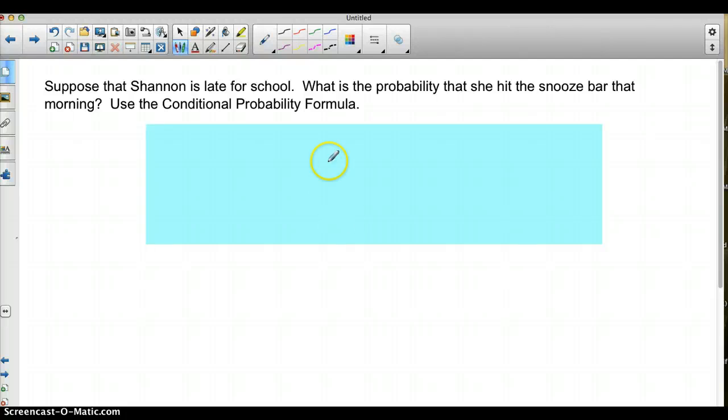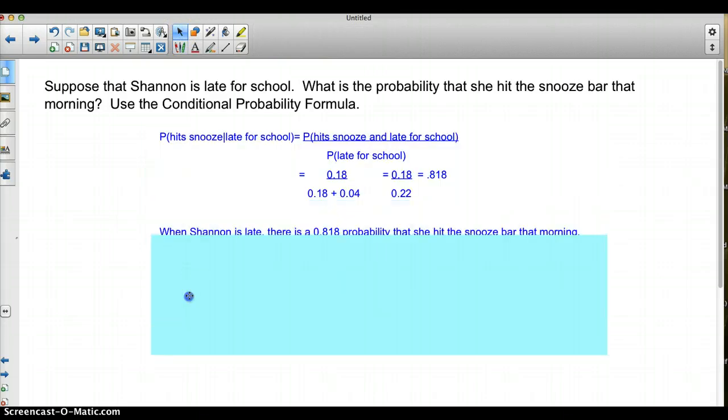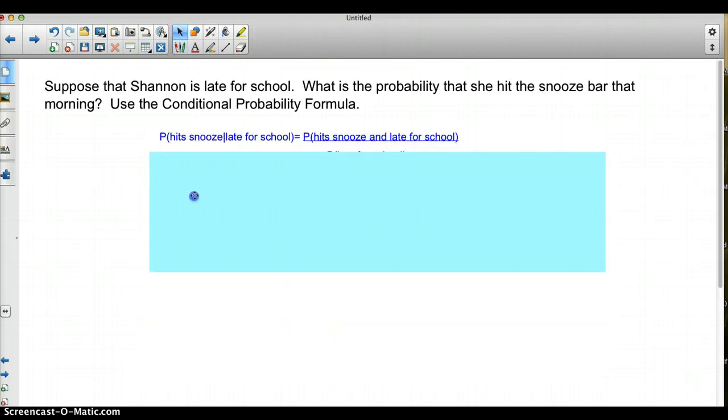So we could use, again, the conditional probability formula in order to do that, using the information from the previous set, where we have the probability that she hits snooze given she's late for school. Okay, so instead of working the other way, we're saying that she's already being late, and now we want to know, did she hit snooze?